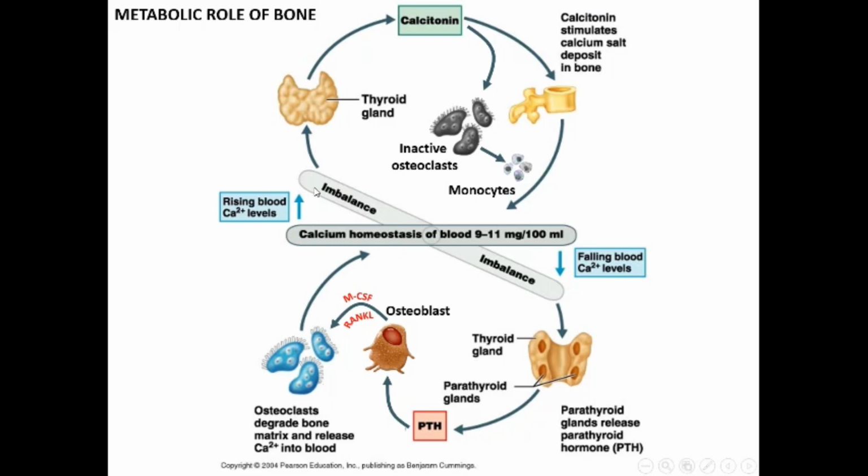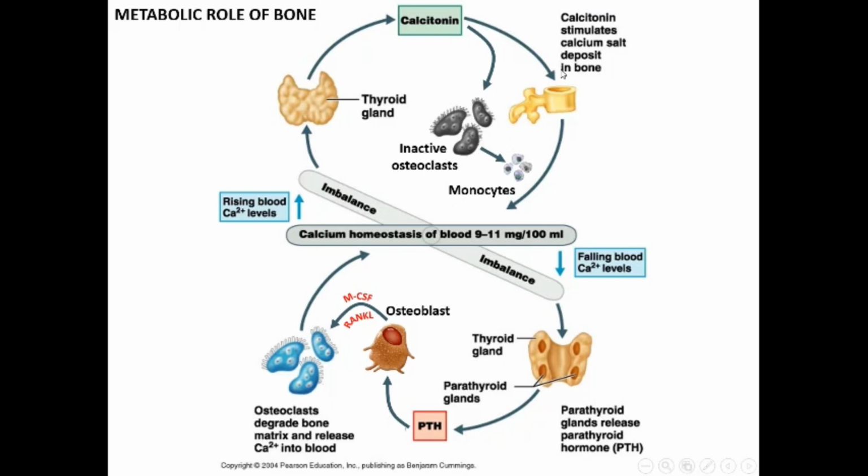And when we have a rise in the calcium concentration in the blood, at this time the thyroid gland detects this increment and produces calcitonin. Then calcitonin functions in two ways. The first way, it inactivates osteoclasts and converts them again to monocytes, so we don't have bone resorption and release of calcium into the blood.